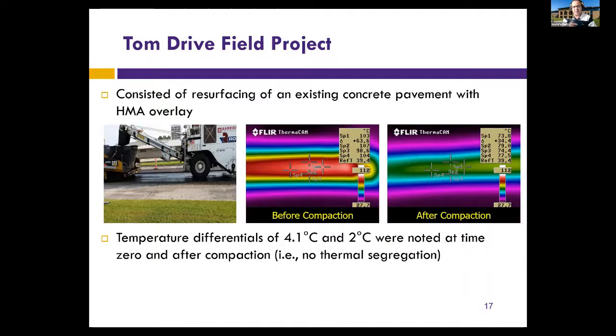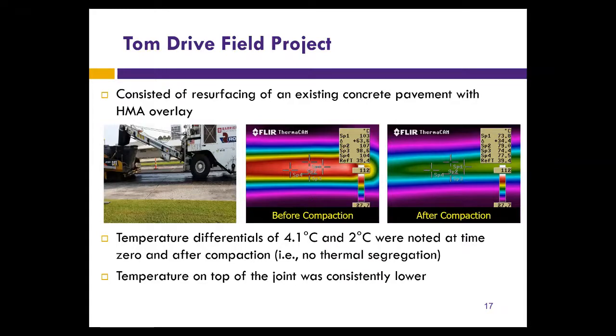As expected, we did not find significant thermal segregation in this project, but we measured the temperature change on top of the joint and away from the joint, so we can see whether there is a significant difference in temperature between the 2 locations. What we found is that at the joint, the temperature was consistently lower than away from the joint. I'm going to show you the results in the next few slides.